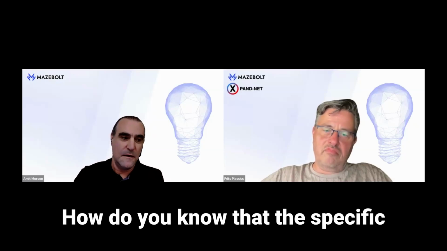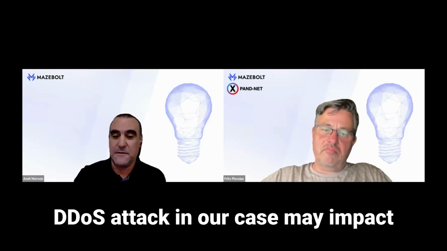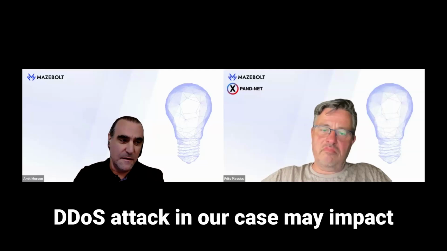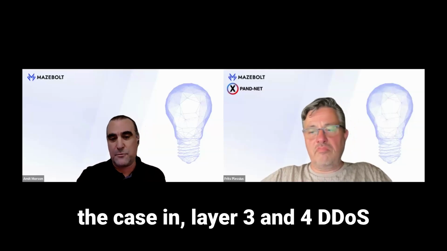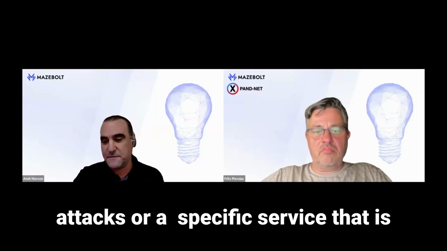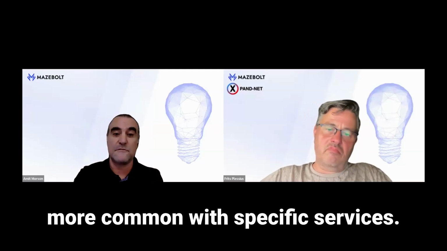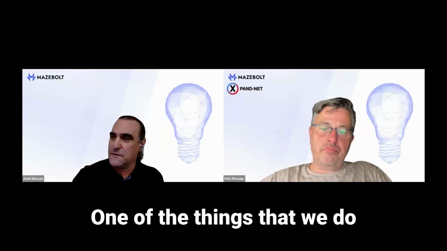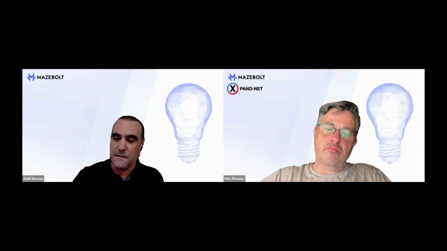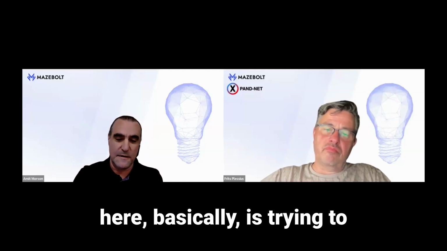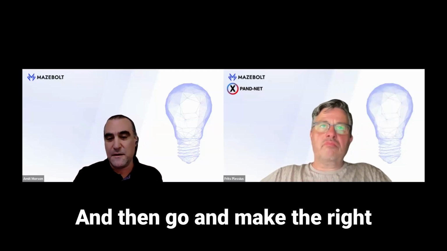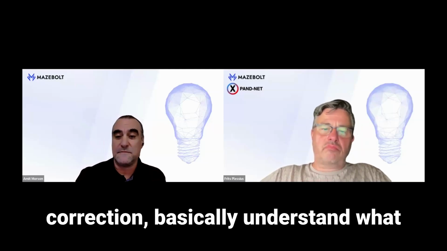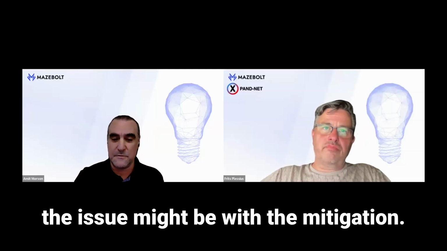How do you know that a specific DDoS attack may impact the entire network, which is usually the case in layer 3 and 4 DDoS attacks, or a specific service, which is more common with specific services? One of the things that we do here is trying to find those specific issues and then make the right correction, basically understand what the issue might be with the mitigation.